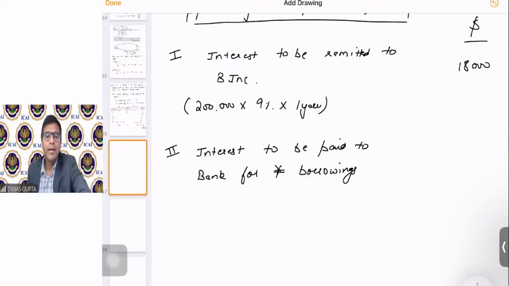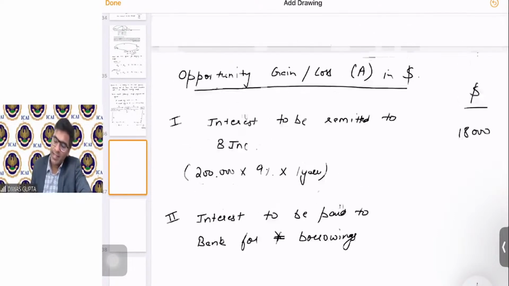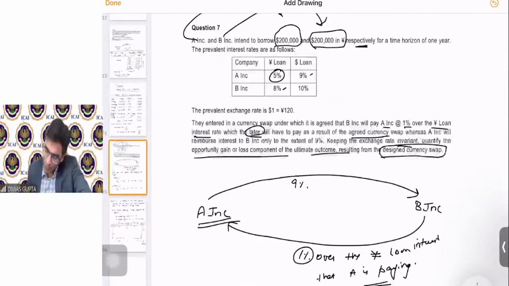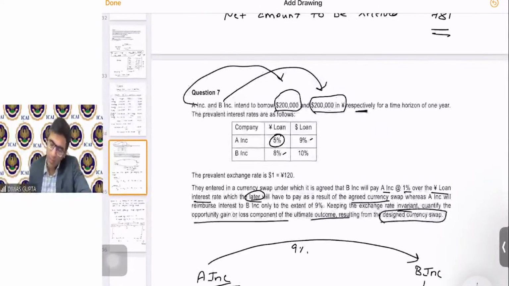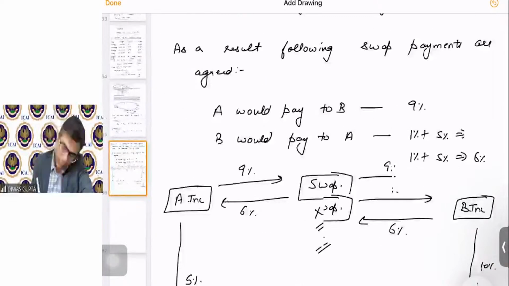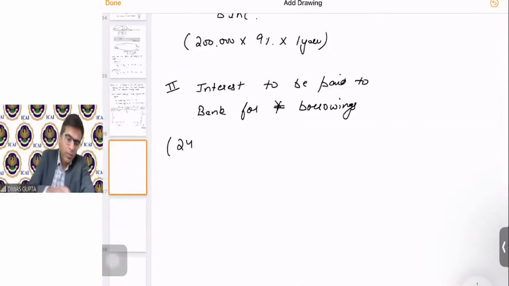Now, the company A would have borrowed from the bank in yen, right? So what is the exchange rate, students? Exchange rate was 120 for $1. Yes. So for 2 lakh dollars, the company would have obtained a loan of 2 lakh into 120.